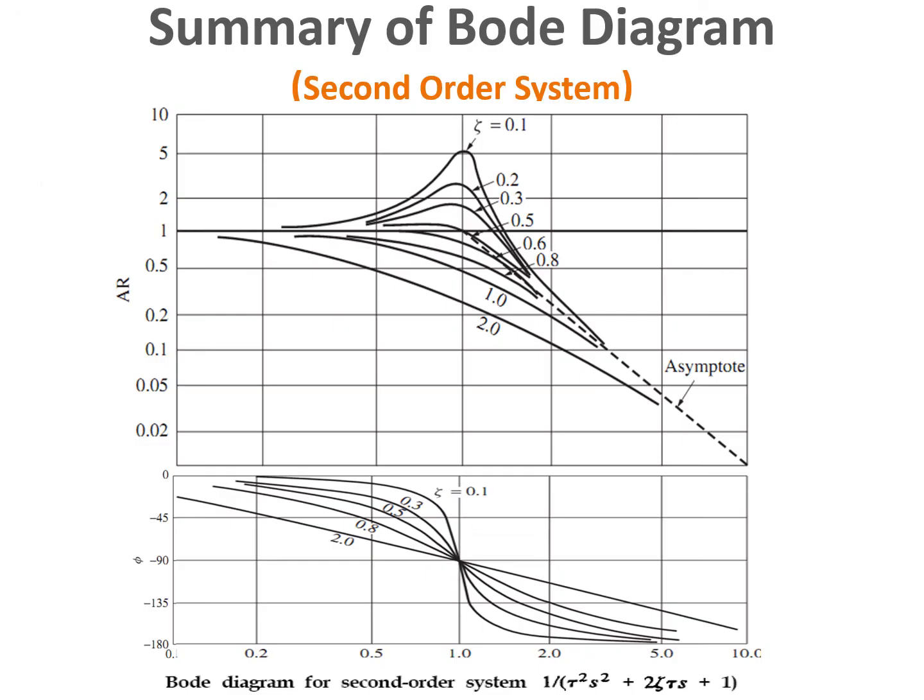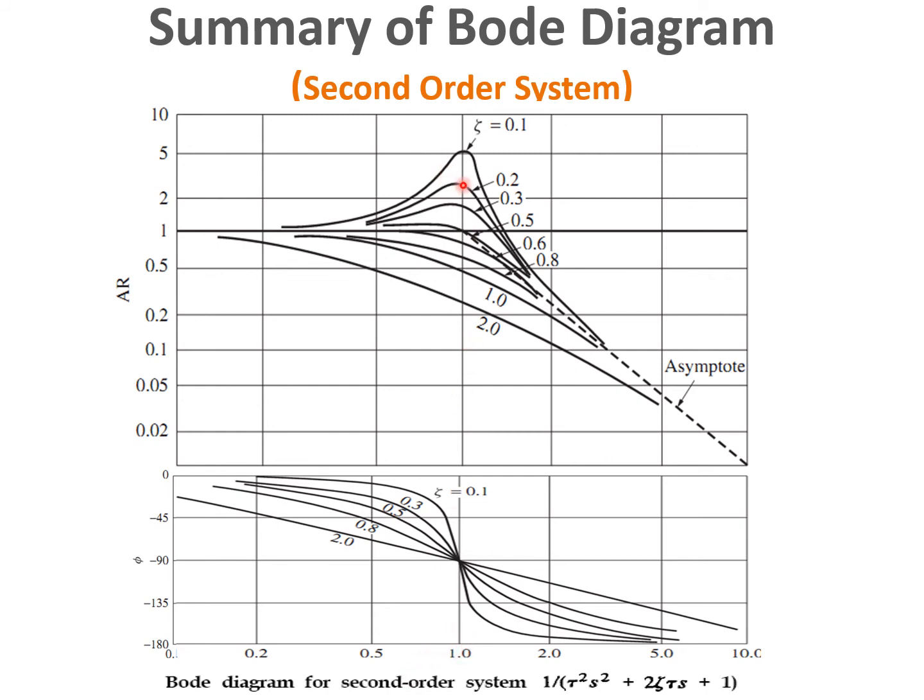If you look at this in summary for the second order system, this is the asymptote, the dotted line going to 1 for low frequency, and having a gradient of -2 for the high frequency. That's the corner frequency at 1/tau; if you plot omega tau, it is at 1.